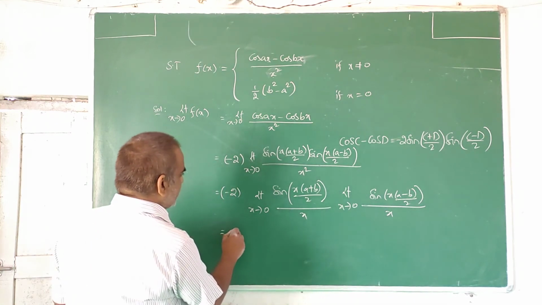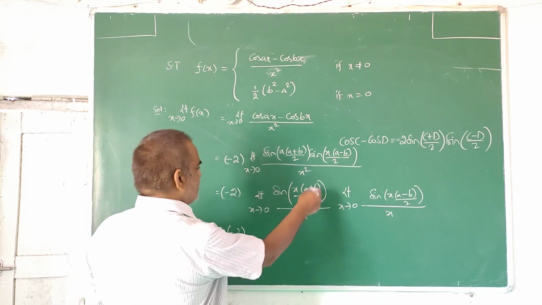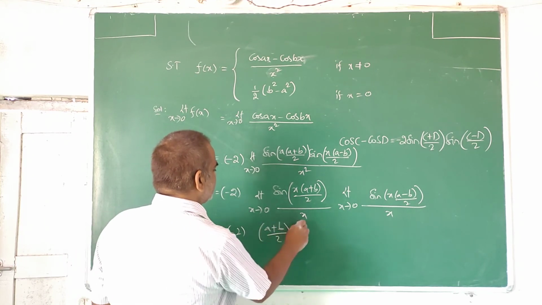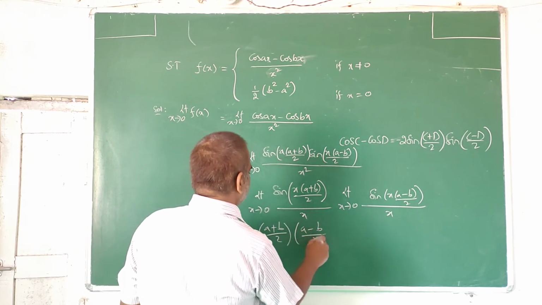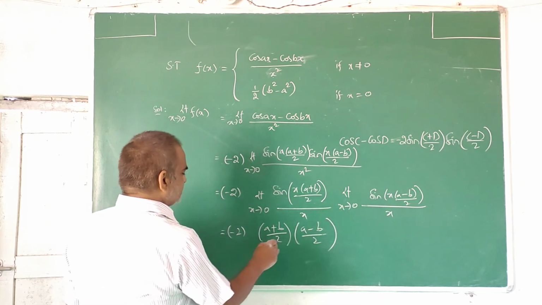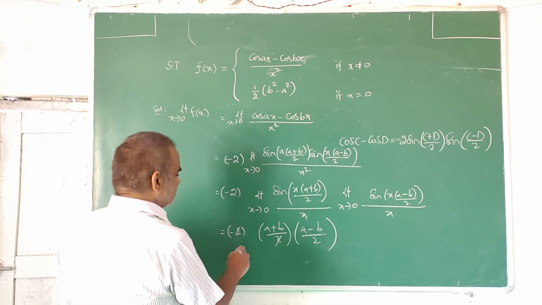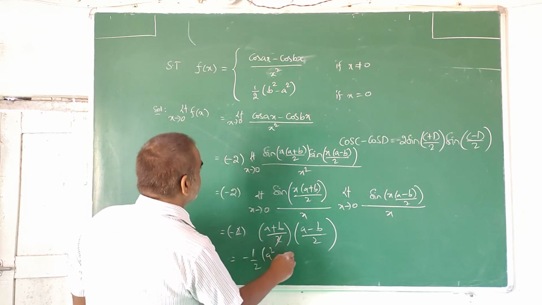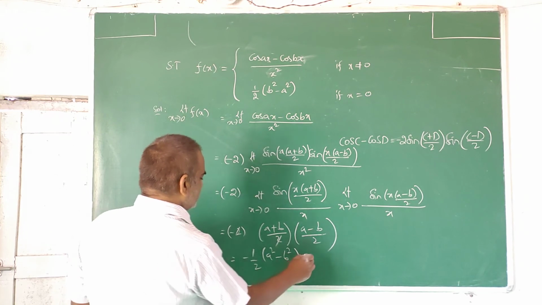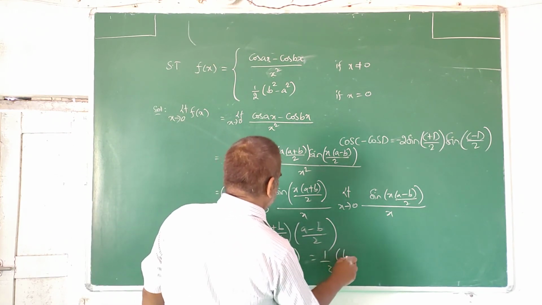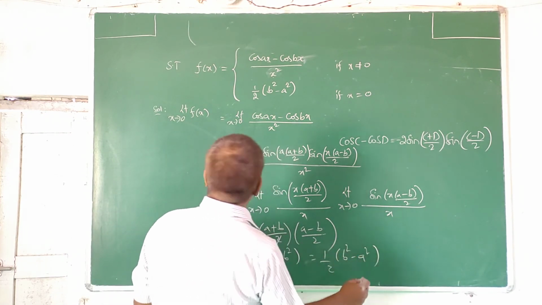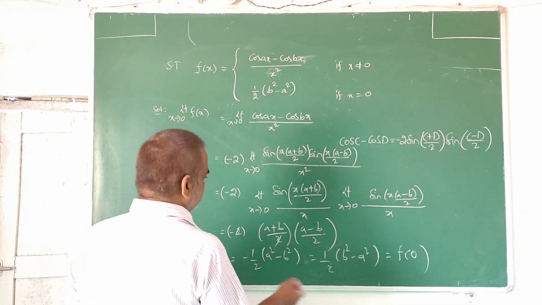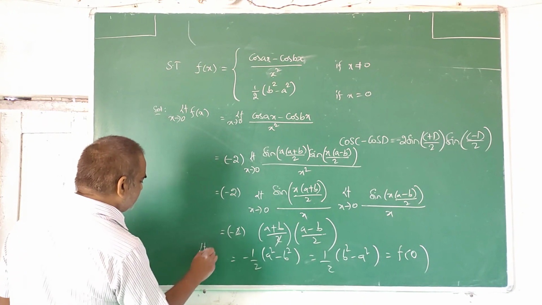So this is equal to minus 2 into, from standard forms, this results as (a plus b) by 2 and that results as (a minus b) by 2. Then the 2 and 2 cancel, and you get minus half into (a² minus b²), which is equal to half into (b² minus a²), which is nothing but f(0). So the limit of f(x) as x tends to 0 is f(0).